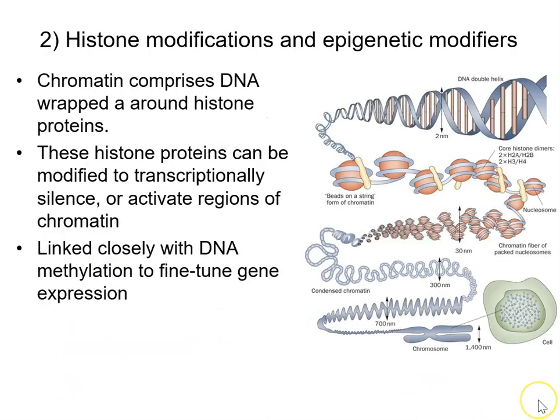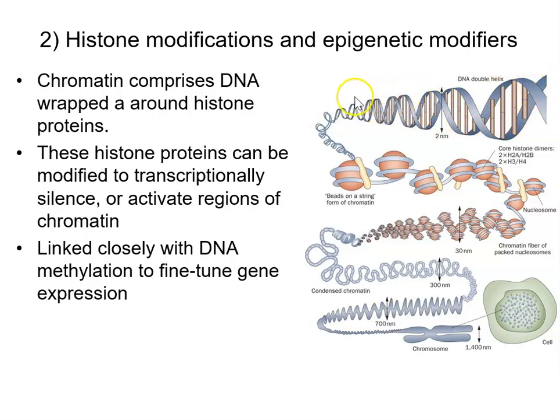So firstly, let's take a look at the structure of chromatin. If we look at individual chromosomes within a cell, chromosomes are made up of DNA and histone proteins. And if we work backwards, here's the DNA sequence. You're all familiar with the double helix of DNA.